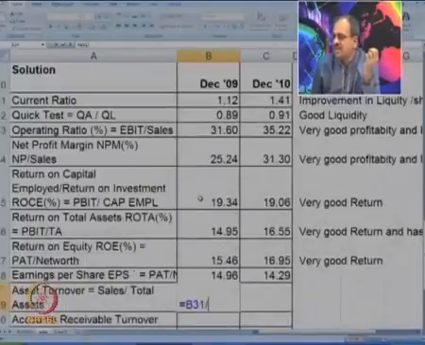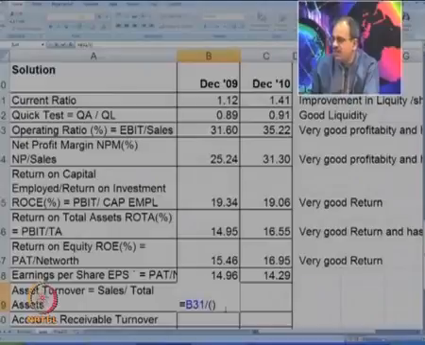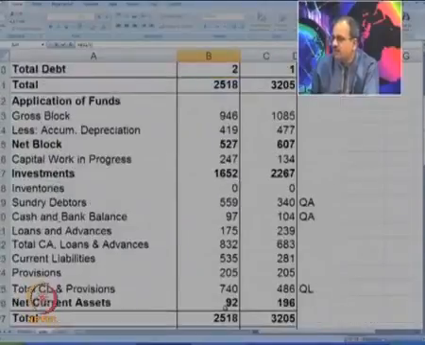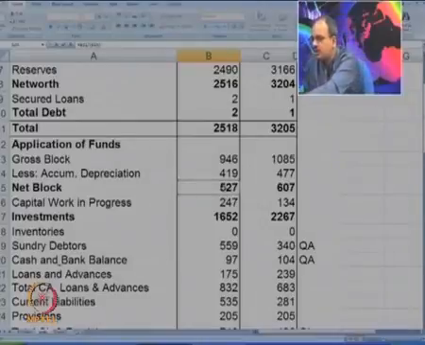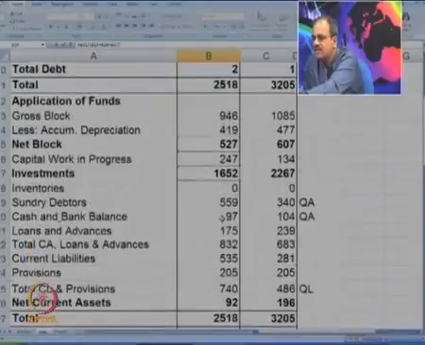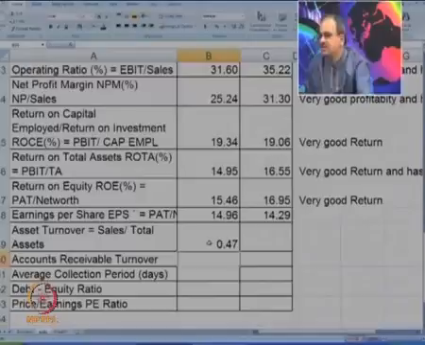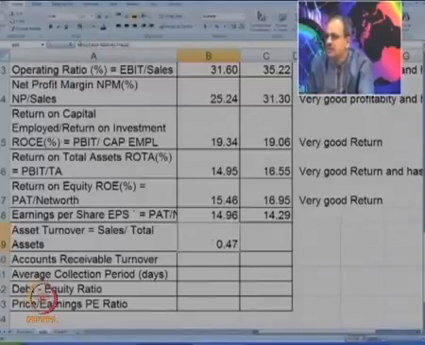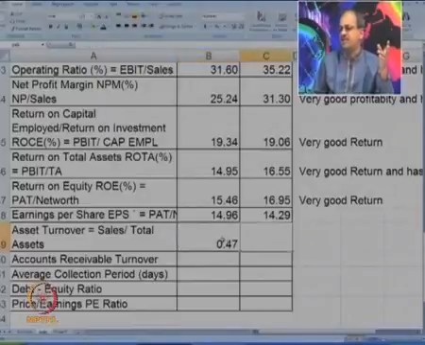Now, in the last formula we had actually calculated the total assets, but now we will have to recalculate it. So, total assets are going to include the net block plus capital WIP plus investment plus total current assets. So, B31, that is sales, divided by all these items.